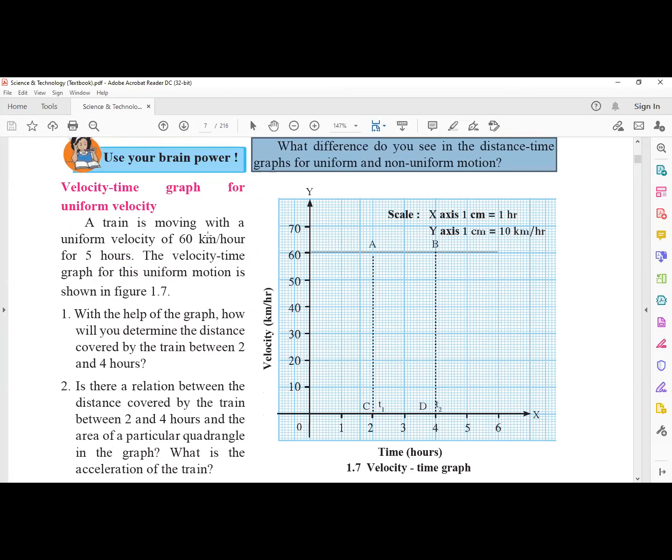Now you are asked to write answers to the following questions. Two questions are given over there. So let's go through this graph and try to find the answers to these two questions. For which we again need to go into the paint window. So let's get into the paint window.